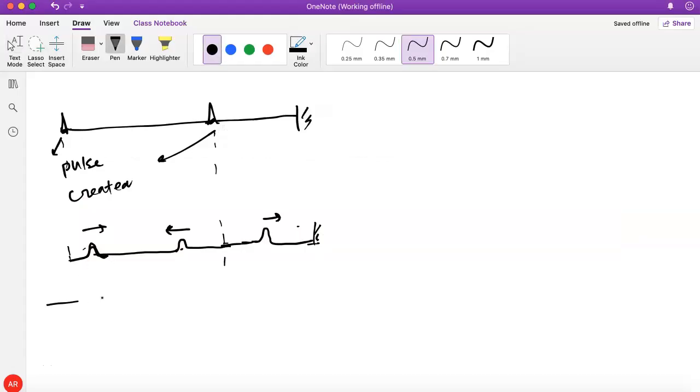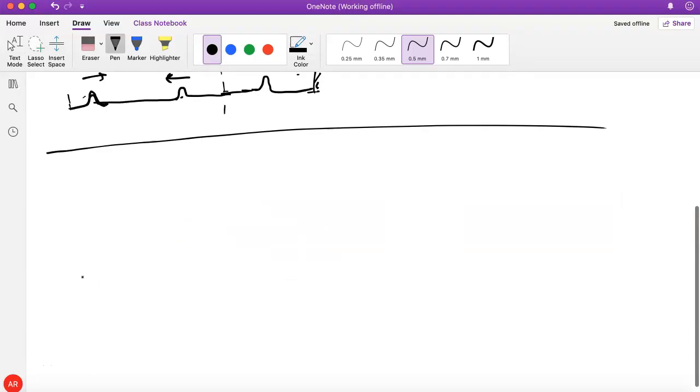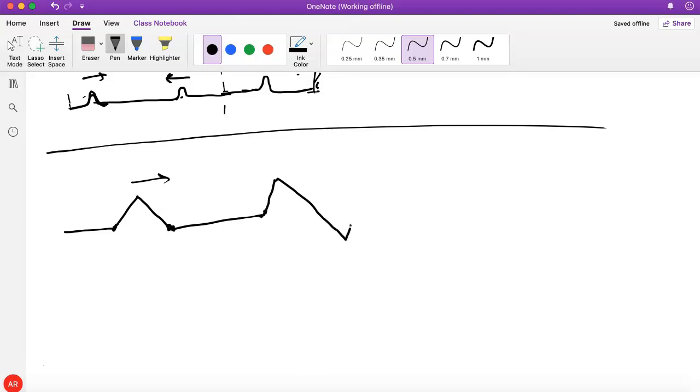All right, so let's consider two pulses. I have one pulse that looks like this, a triangular pulse, for example, moving to the right, and then there's another pulse, another triangle, and this moves to the left.